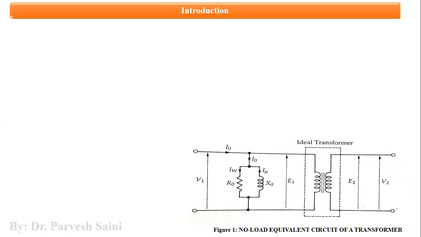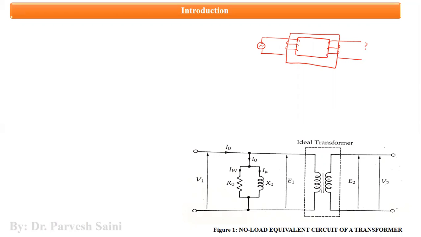To start with the lecture, let us see the equivalent circuit of a transformer on no load. Any transformer will be said to be on no load when the secondary winding of the transformer is not connected to any load. So let us consider a transformer which is connected to some AC supply, and there is a secondary winding.